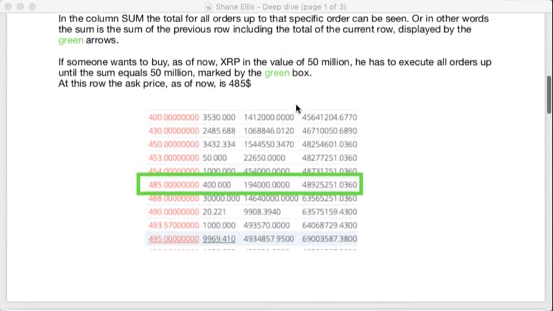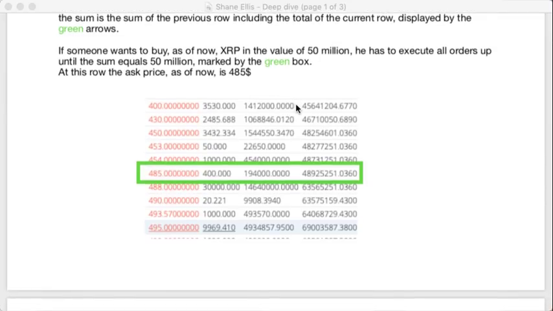Now, the example I'm making here, which Shane also gave, shows roughly how much value needs to be transferred to bring the price of XRP to a high price. In this example, I'm taking a transaction of 50 million. So the figure here is roughly 50 million.